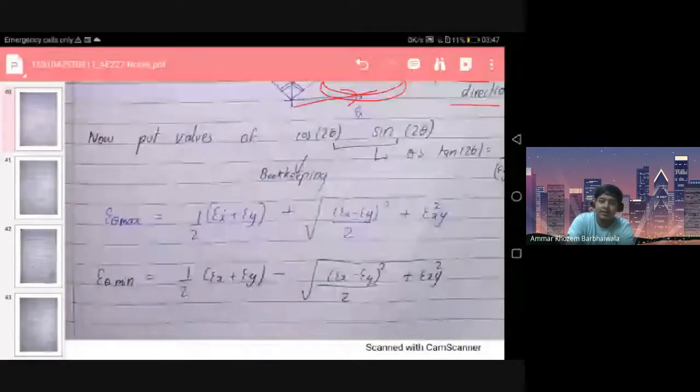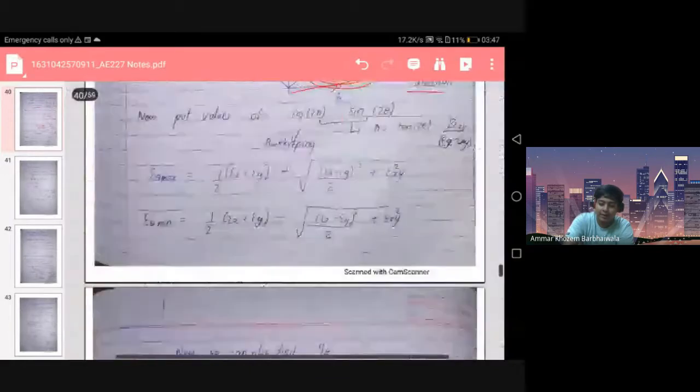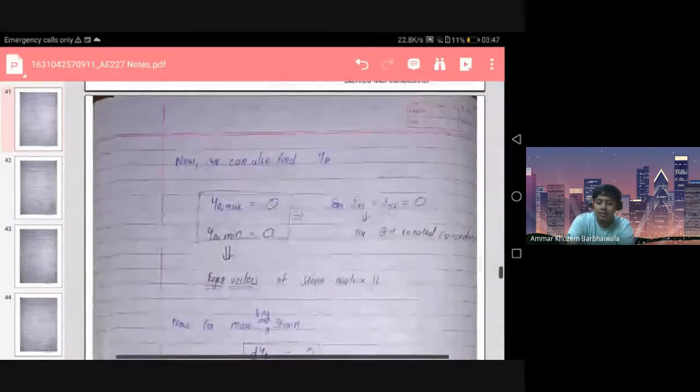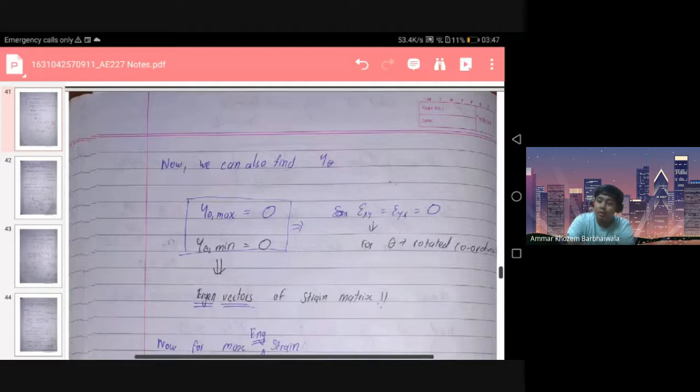As you can see, it's a quadratic formula. So this is the formula for max and min strain, and we have calculated the angles for this case too. Now what we can also observe is that for this gamma of theta, the shear strain, in both the minimum and maximum cases the shear strain is 0.